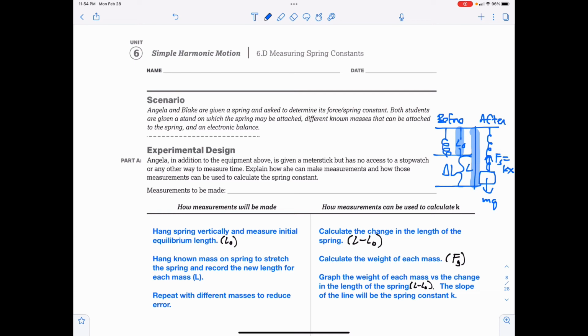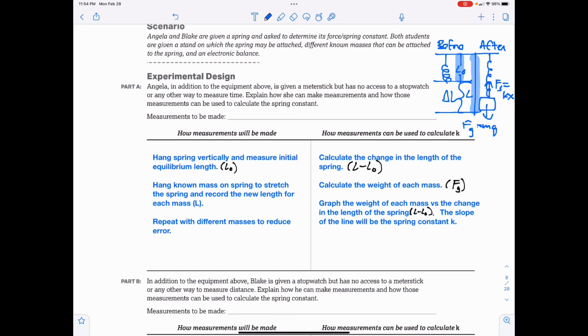It's the displacement of the spring. Calculate the weight of each mass, which would be your mg right here. And then finally, you're going to graph the mass versus the change in the spring, so we're graphing the mass versus delta L.